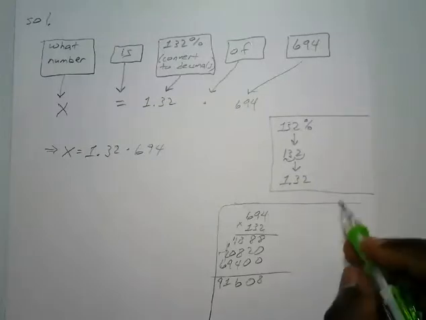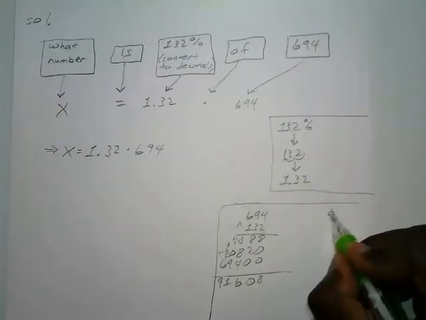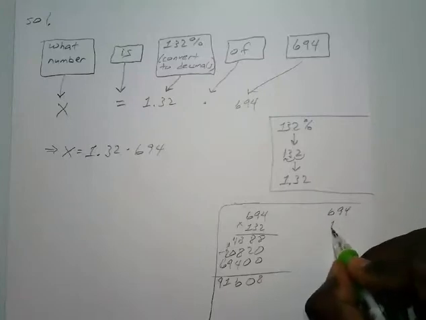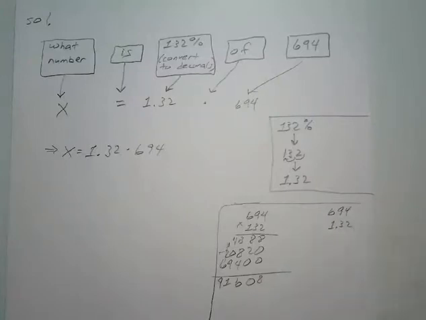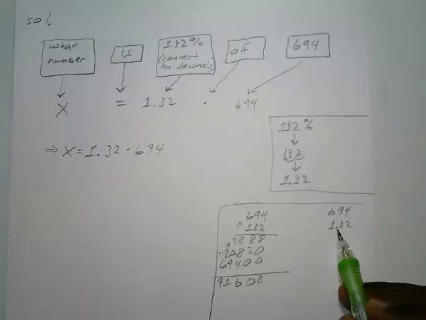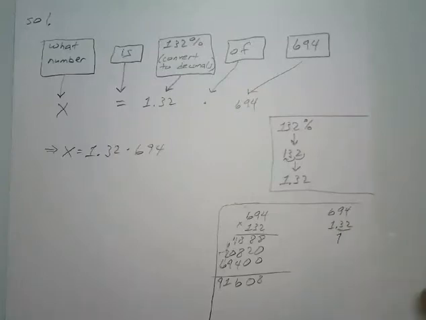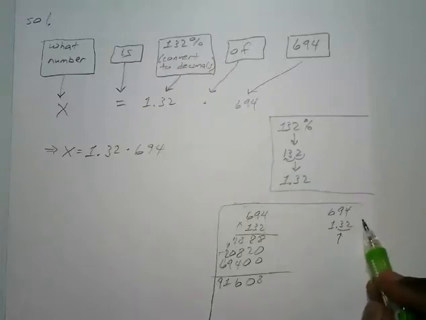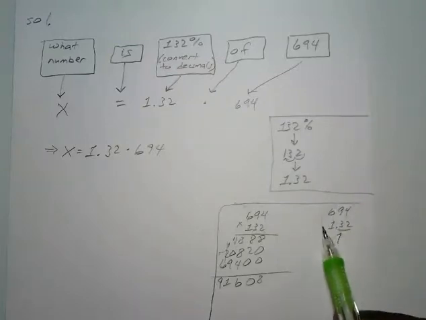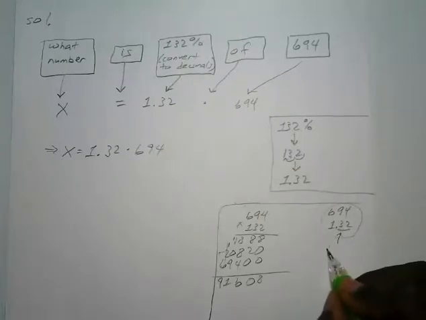Okay, now this is the key to multiplying decimals. We have 694 and 1.32. You only have 2 decimal places to the right. Now, if you had 2 more up here, then you'd have 4 decimal places to the right. But for both of these combined, you only have a total of 2 decimal places.